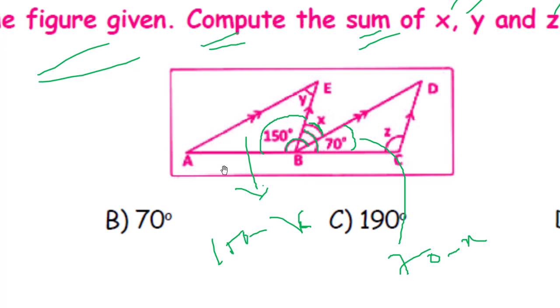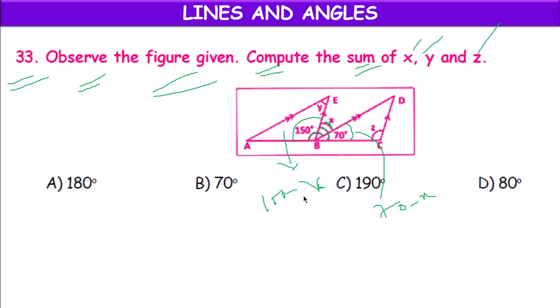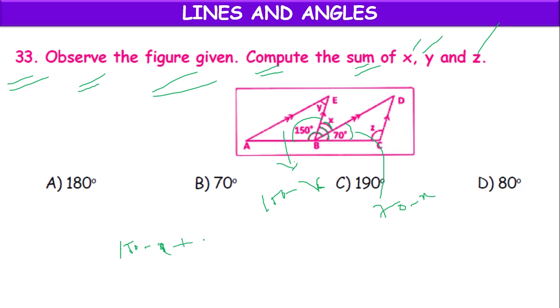Now these three parts, if we add this 150 minus X part, this X part, this 70 minus X part, this first part, second part, third part lying on a same straight line ABC. So their sum will be equal to 180 degrees. So 150 minus x plus x plus 70 minus x equal to 180 degrees.